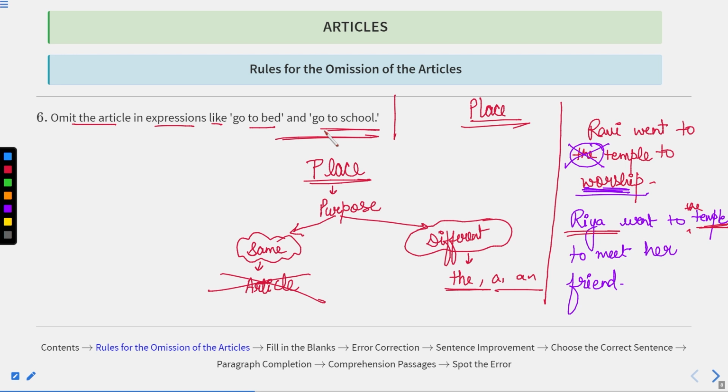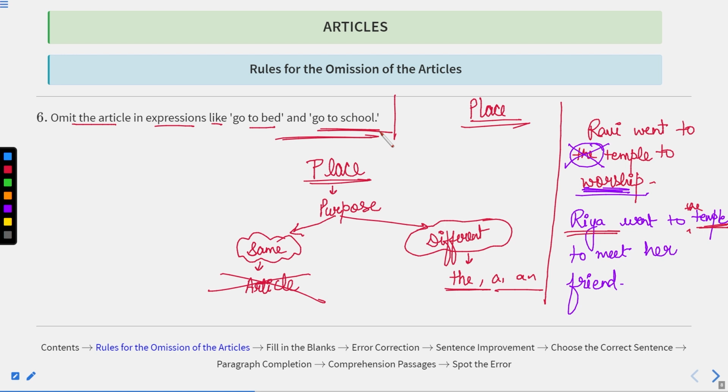So in case of school, again we should use the same trick. If a school has been used for the same purpose, we should not use an article. But if it has been used for some different purpose, we should use an article.